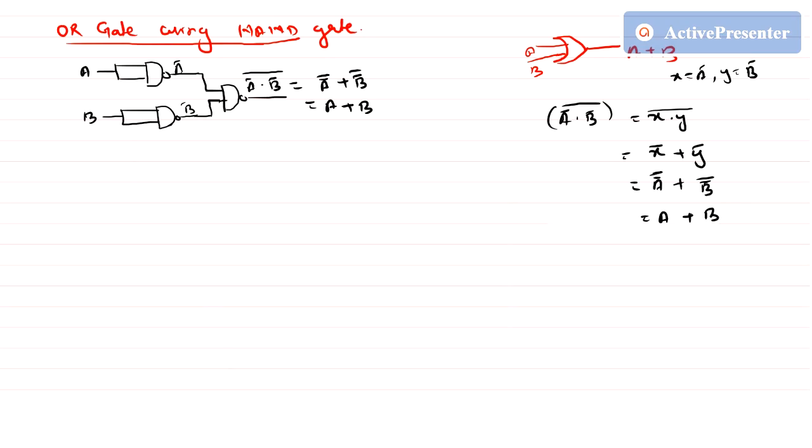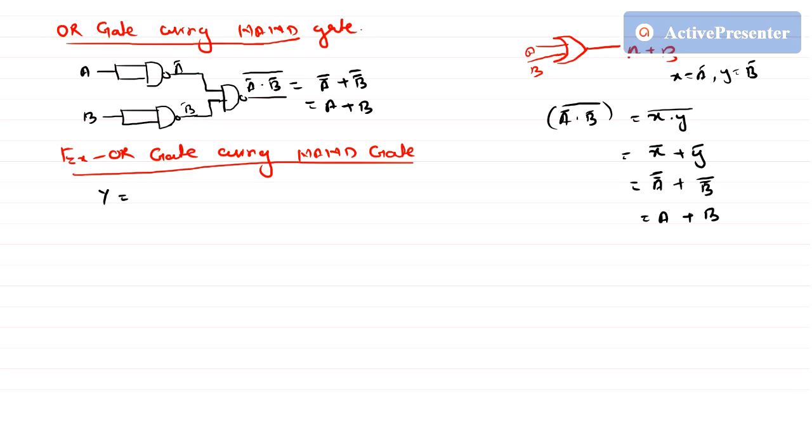So now one more gate we can implement is the XOR gate using NAND gates. So in XOR gate, what is the output of XOR gate?